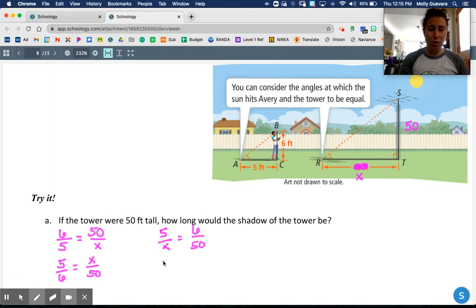Or you could have done the reciprocal of this, right? Shadow over shadow equals height over height. Sorry, we're all confused. There.